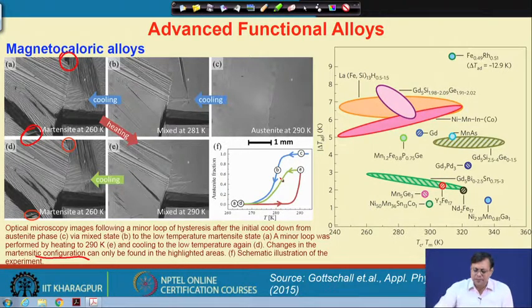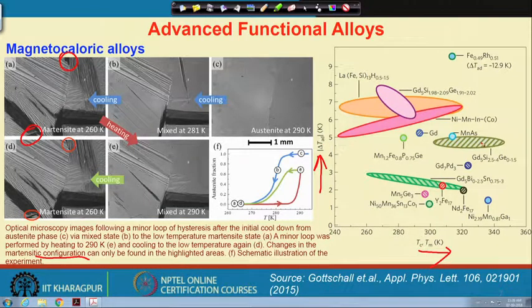And these are typical metallurgical effects that one should expect during heating and cooling in the martensite and austenite transformation, and this is a structural transformation that scientists sometimes believe is required for getting a larger adiabatic change. So, you can have a look at the typical temperature versus adiabatic temperature change in different materials discovered so far.